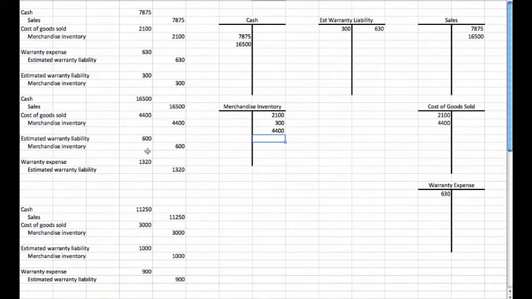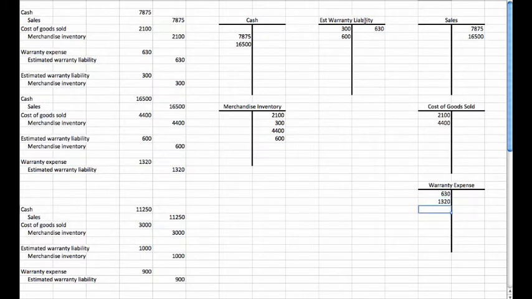Estimated warranty liability debit for $600. Merchandise inventory by $600. Next, the warranty expense. We debit warranty expense over here for $1,320.